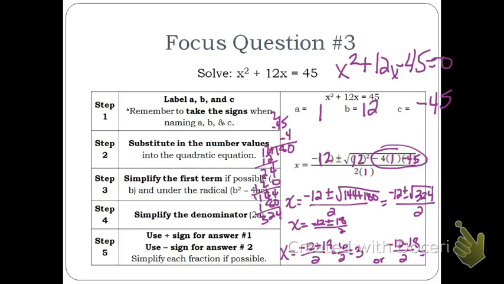Then negative 12 and negative 18 equals a negative 30 all over 2, which is equal to negative 15. So our solution to this quadratic could be x is equal to 3 or negative 15.